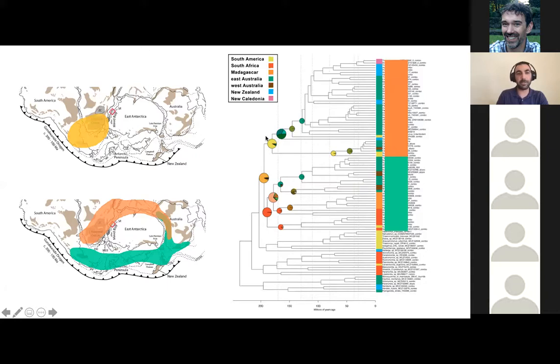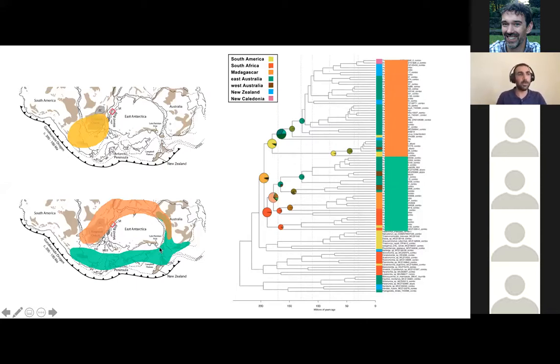And here we see South America to Australia and eventually to New Zealand. So at some point in time, we can reconstruct the distributions of these two clades as like this: South Africa, Madagascar to Australia, South America to New Zealand to Australia. So now you can kind of see how things are coming together.